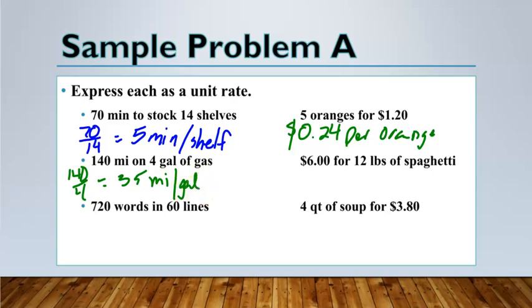Next, we've got $6 for 12 pounds of spaghetti. So we want to know what is the cost of 1 pound of spaghetti.